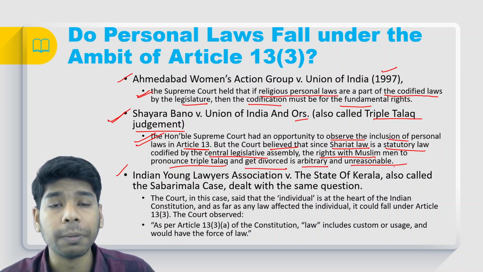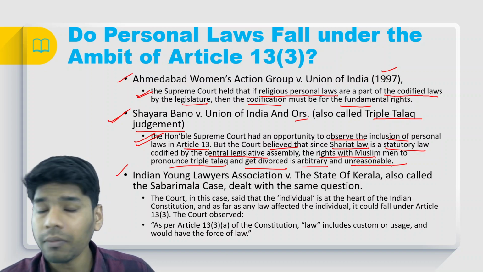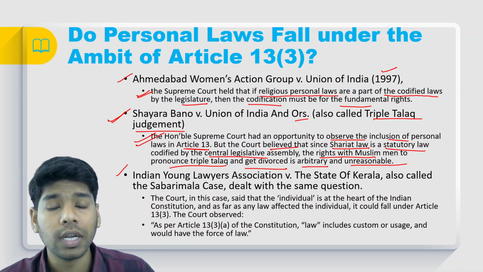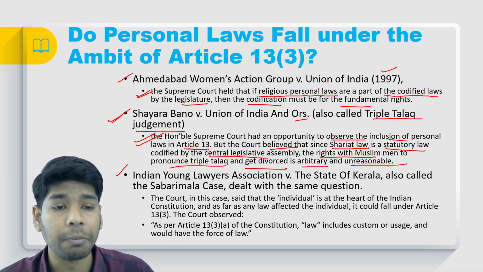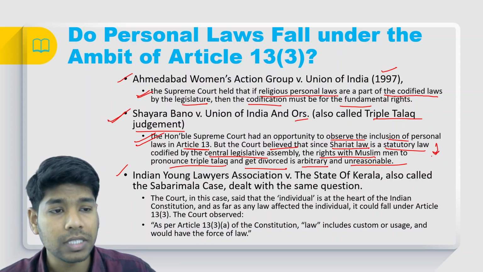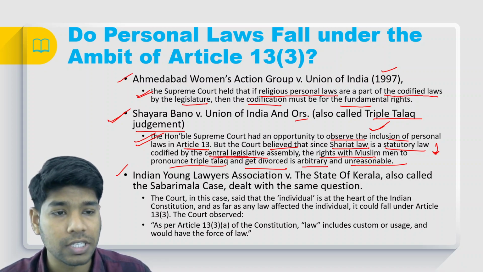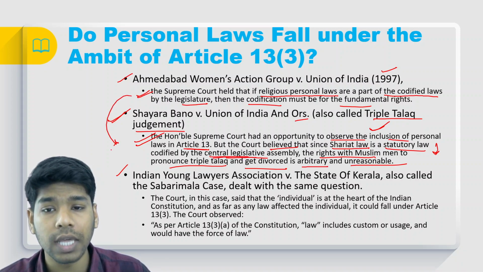So triple talaq has been criminalized. It is clearly arbitrary and unreasonable, so it has been put under the ambit of Article 13. It is codified by the central legislature and statutory, so it does fall under the ambit of Article 13(3).